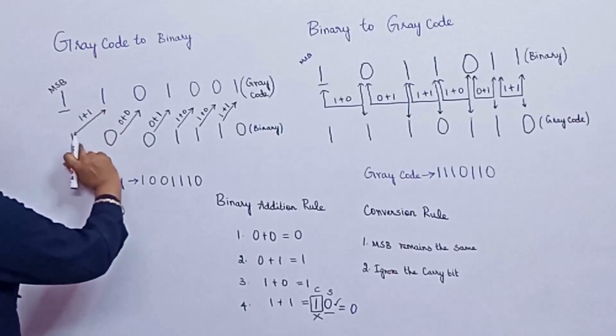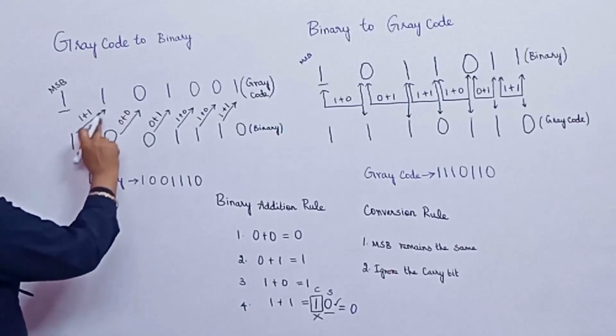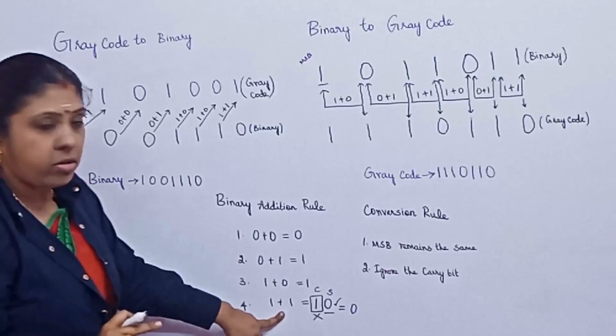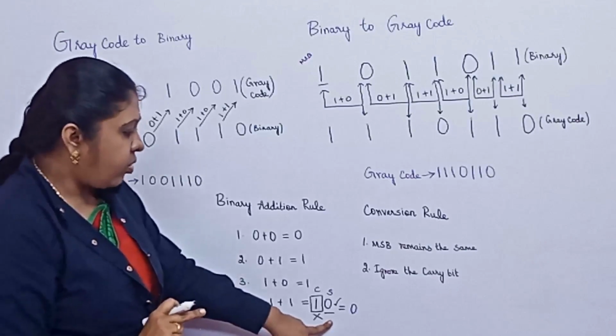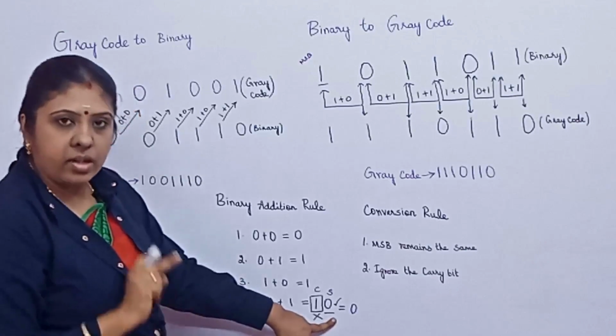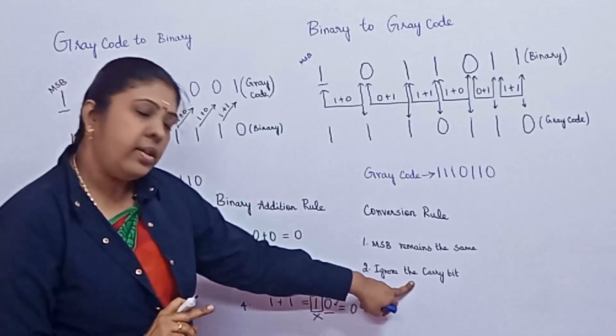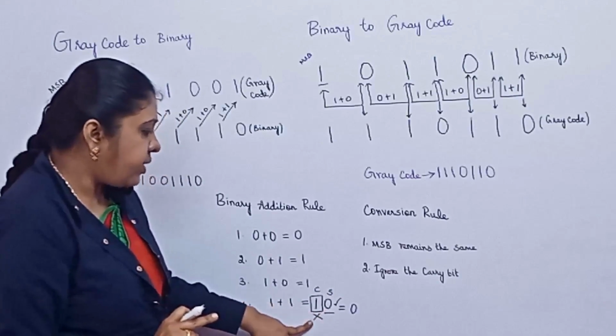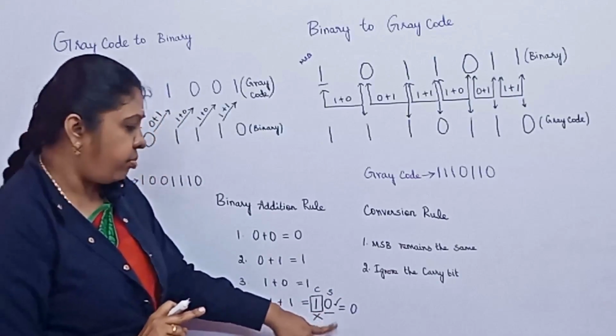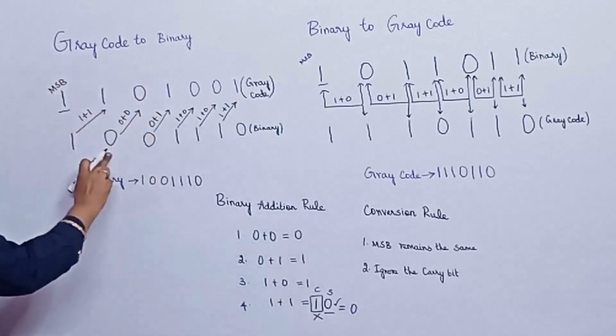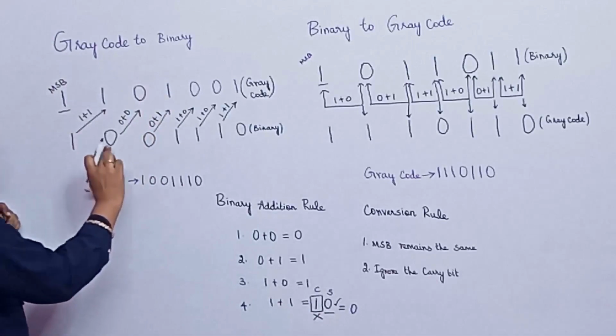So 1 plus 1, as per the fourth rule, gives 1, 0, and we are going to consider only the sum bit. As per the conversion rule, we are going to ignore the carry bit. So the 1 is discarded, only 0 has to be taken. So 1 plus 1 is 0.